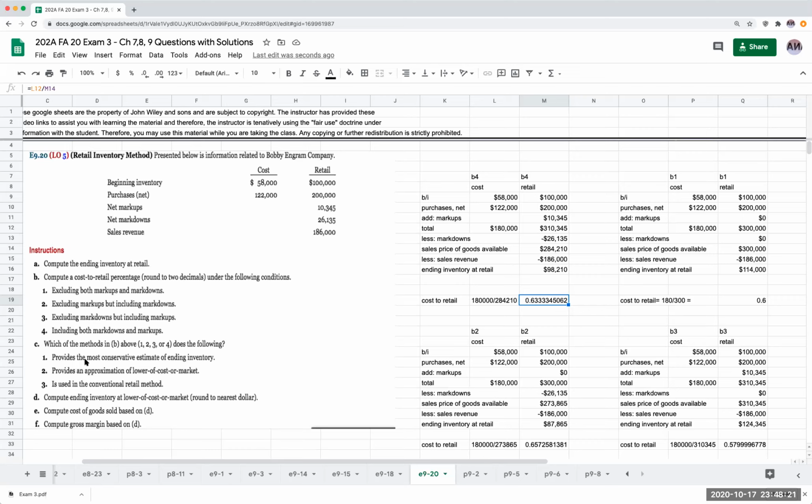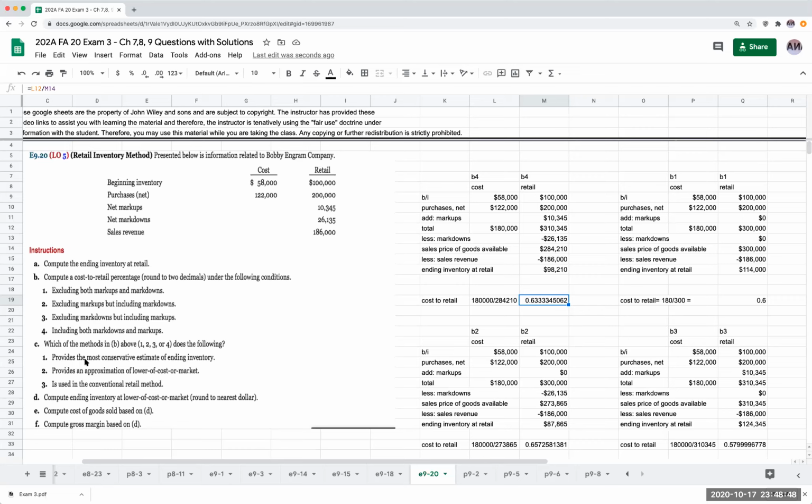When I look at method 3, so if I'm including markups but I'm excluding markdowns, I don't know exactly, I'm not going to ask you that type of question.